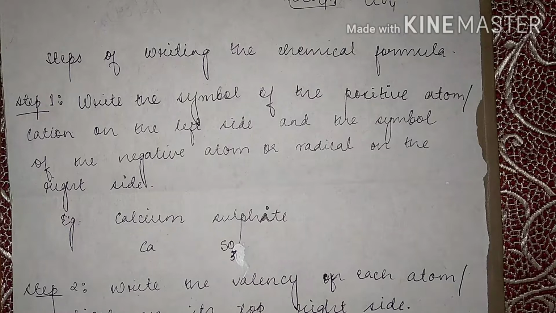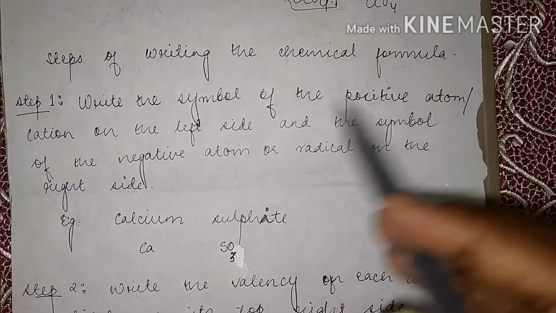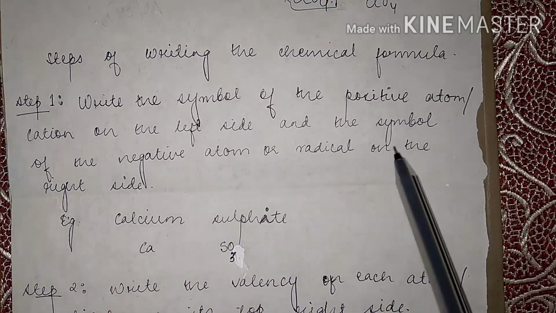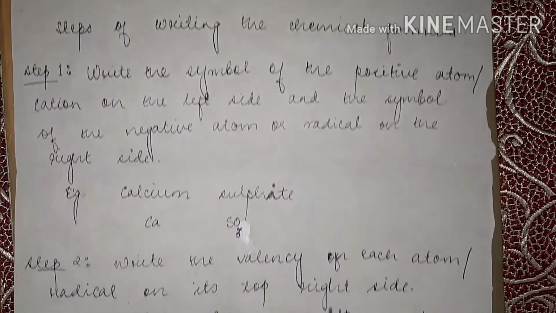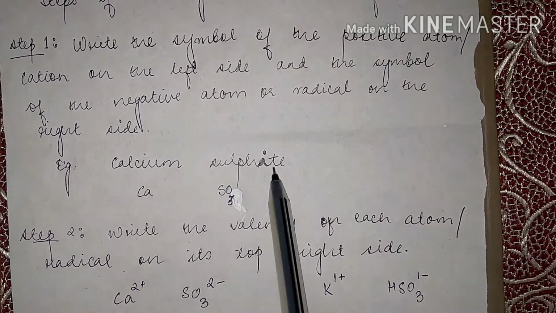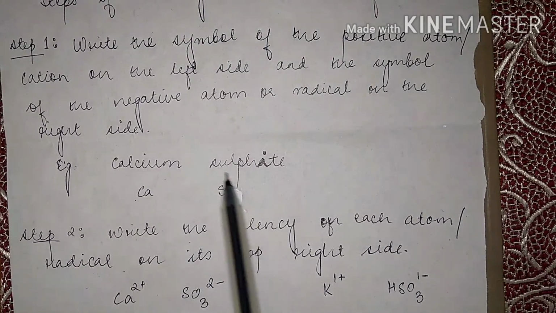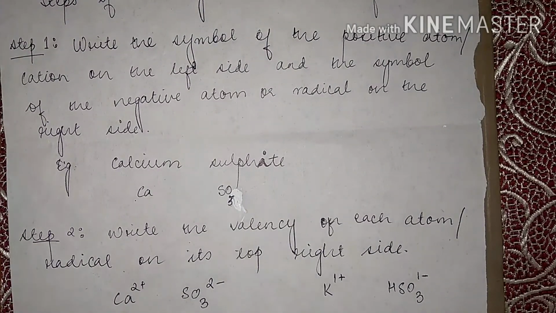Okay. Now we have some of the steps of writing the chemical formula. Step 1 is write the symbol of the positive atom or the cation on the left side and the symbol of the negative atom or the radical on the right side. Example we have is calcium sulfite, that is calcium is the metal, it's written on the left side, Ca, and sulfite with the formula SO3.